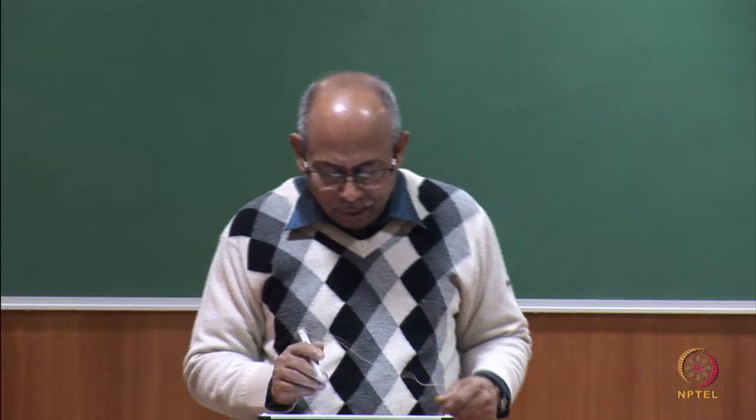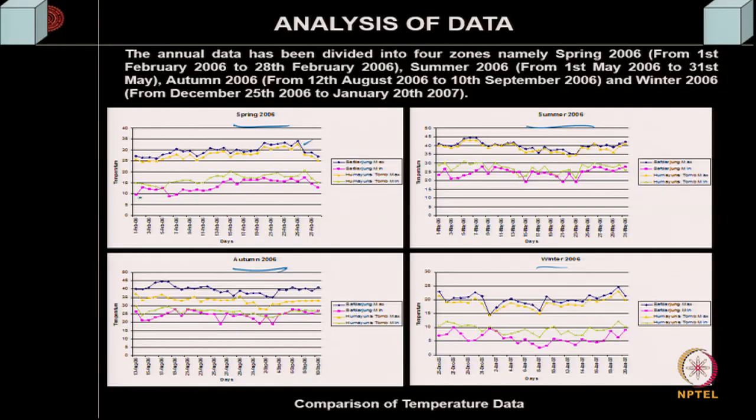So, data are available. This is Safdarjung temperature data, and this side is date wise, 1st February to 27th February. This is the mean temperature data, and then this is Humayun's tomb maximum and this is the minimum.